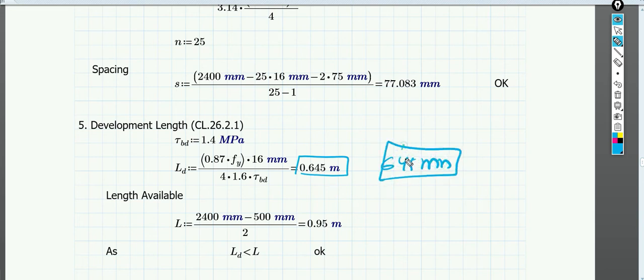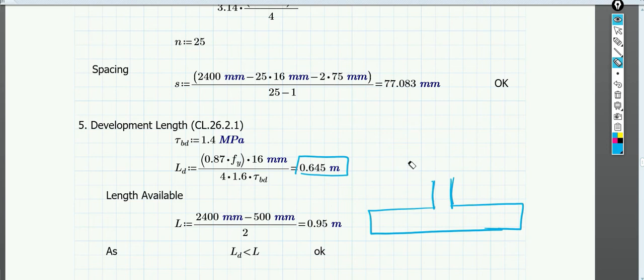Now we have to check whether this is available to us or not. Suppose this is the column, this is the pile. The column width is already given to you, that is 500. The whole width is 2400, right?